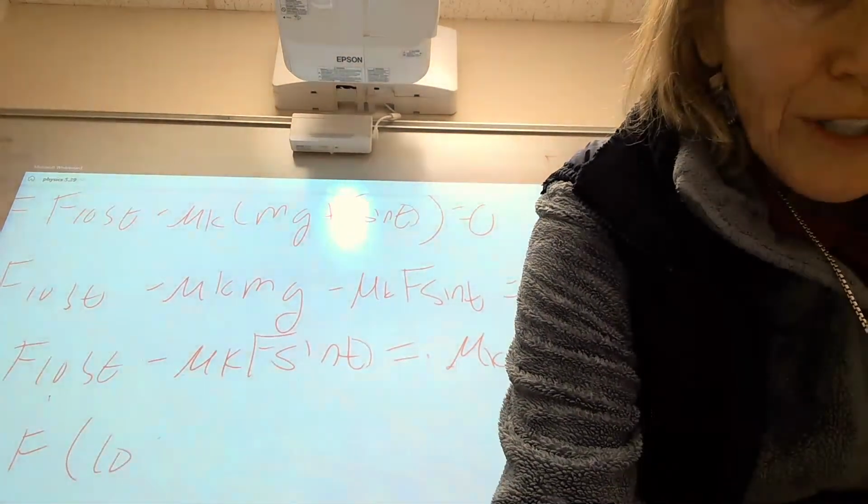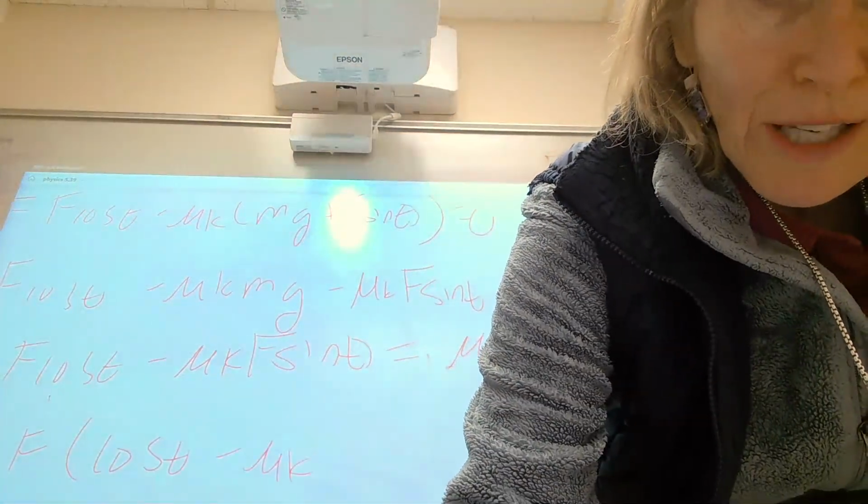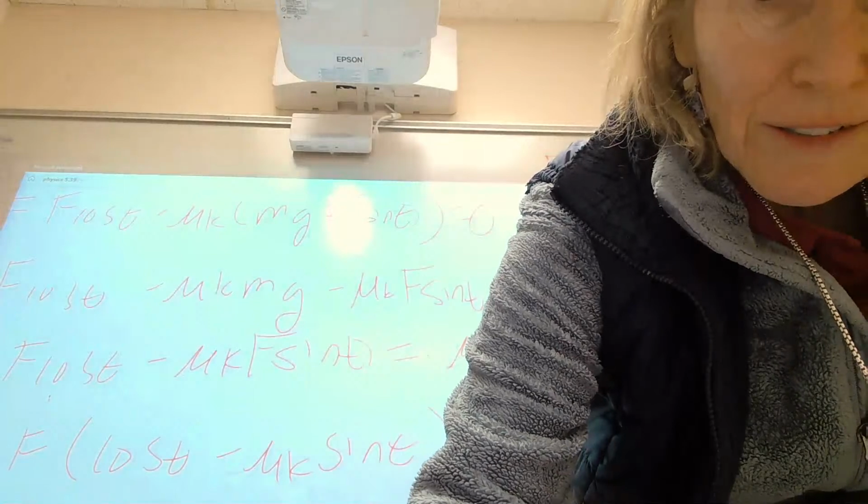Pull out your F, you get cosine theta minus mu k sine theta.